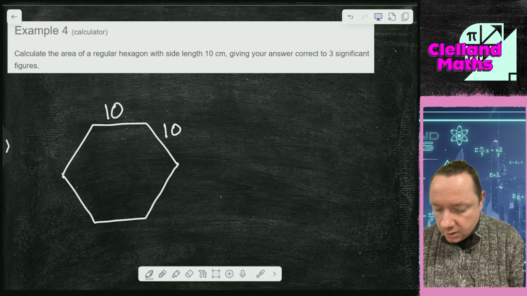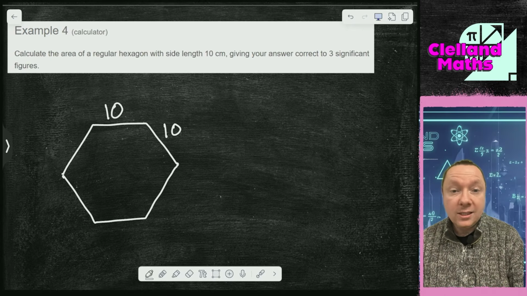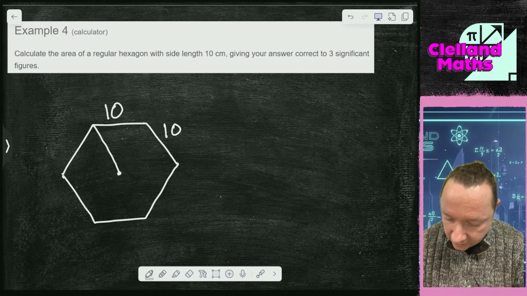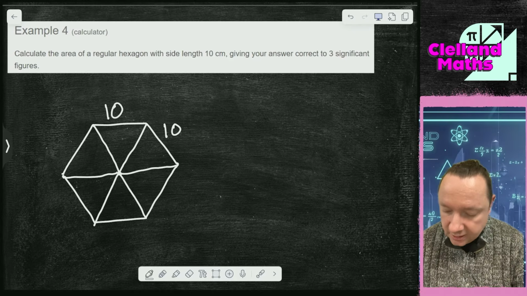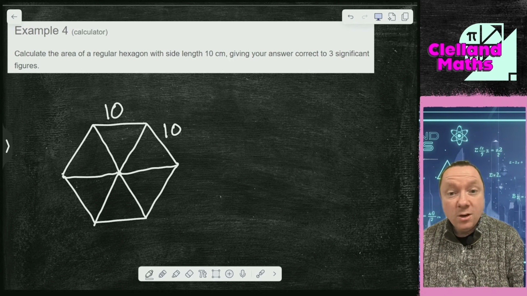So I wonder, could I split this up into equal triangles and work it out as a triangle problem instead? Well, let's take where the centre of this hexagon is. If I did that and did that, I would have one triangle, but I could keep doing that all the way around to get 6 equal triangles. So now the problem becomes, where's my angle going to be?